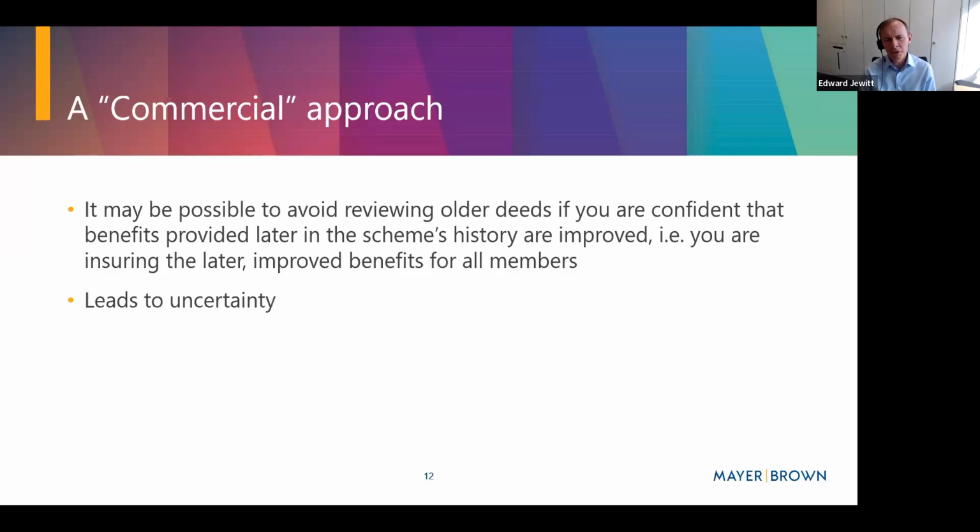This would be something to consider if you're trying to save costs. The risk is that unless you check someone's benefits properly, you end up insuring the wrong amounts. So I'd only recommend this approach if you would avoid, say, a disproportionate cost for a small group of members.